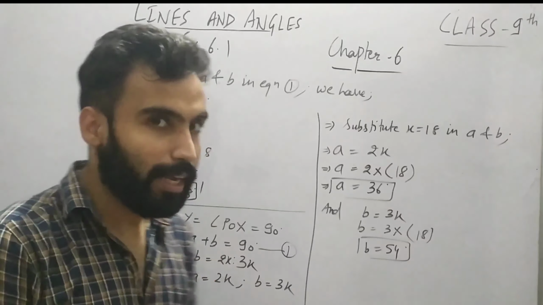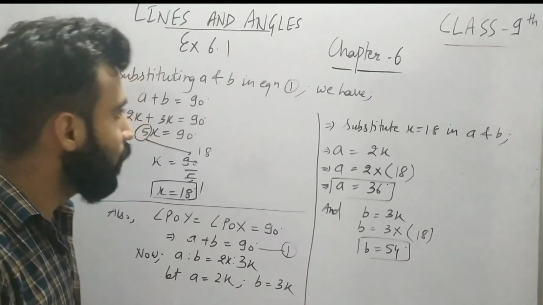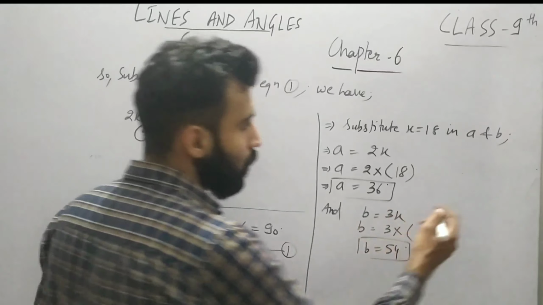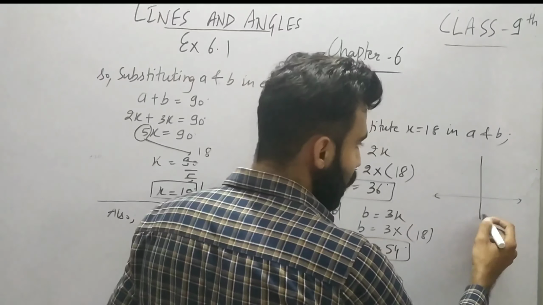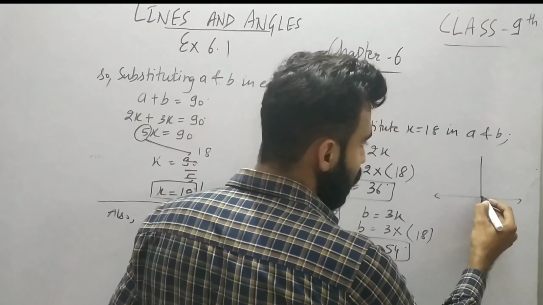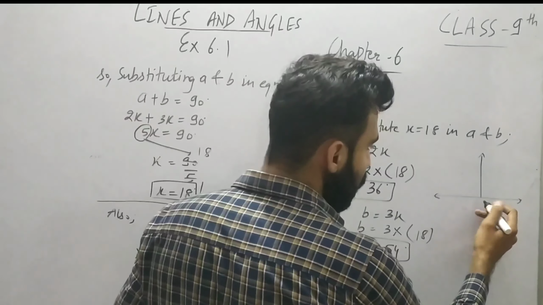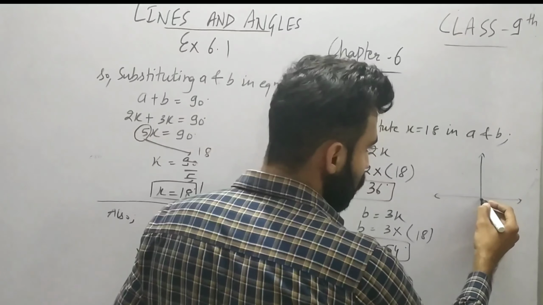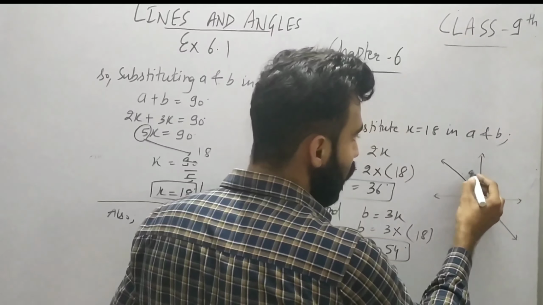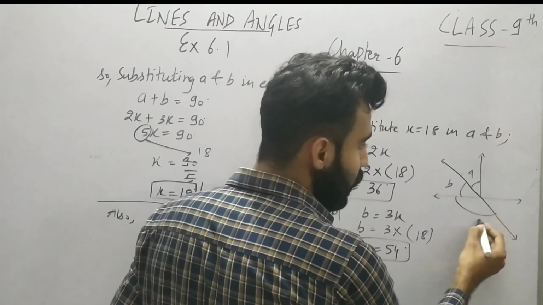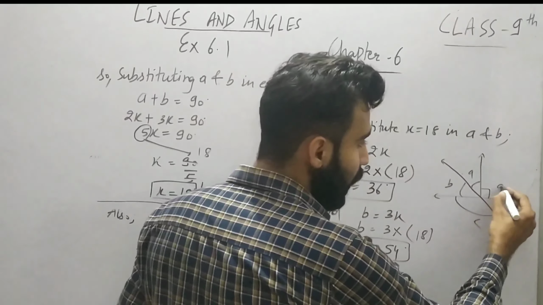So we have calculated angles A and B. Remember, there was a need of the diagram, so let me redraw it for you, just a rough idea. These were angles A and B, this was C, and this was 90 degrees.